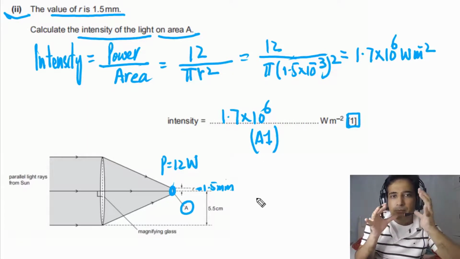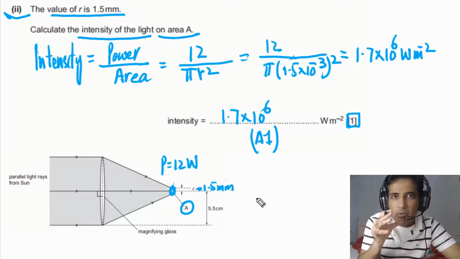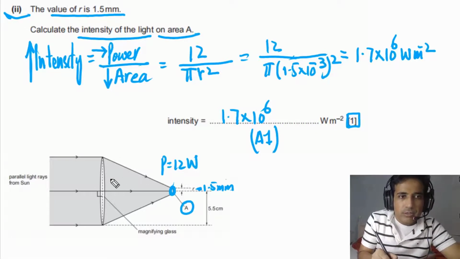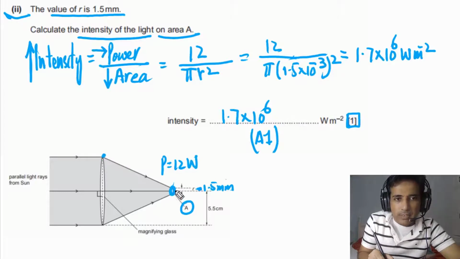Now in this case, one thing you need to understand is the main concept. If power stays the same and you reduce the area, intensity will increase. So the intensity of light at the magnifying glass and the intensity of light on this area A is different because the area has been decreased, so intensity has to increase.